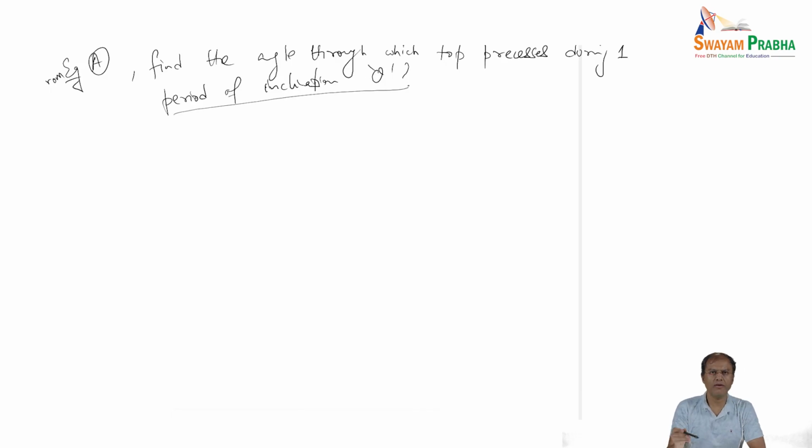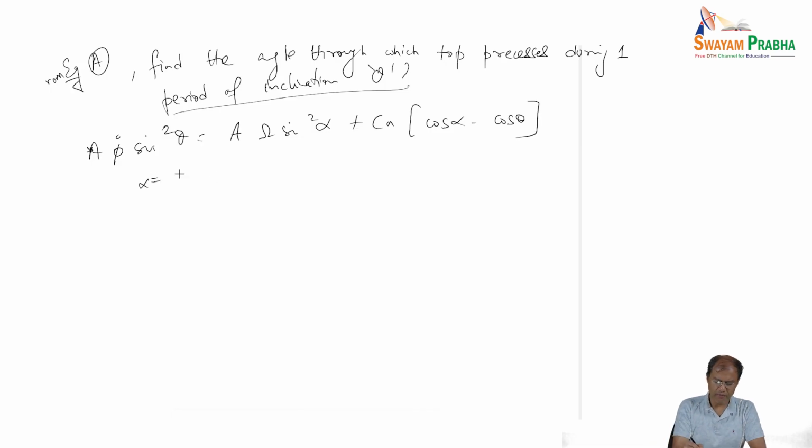So we are saying that the top is going through angle pi by 3 to pi by 2. So that is a nutation angle. But during this period, when it goes from this angle to the other angle, we have to find how much the top has rotated. So the top equation was a phi dot sine square theta is equal to a omega sine square alpha plus cn cos alpha minus cos theta, where alpha is equal to pi by 3, omega is equal to 0.